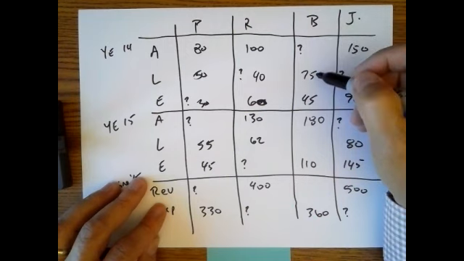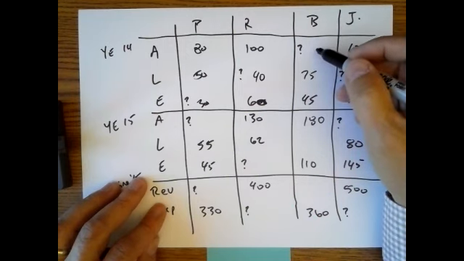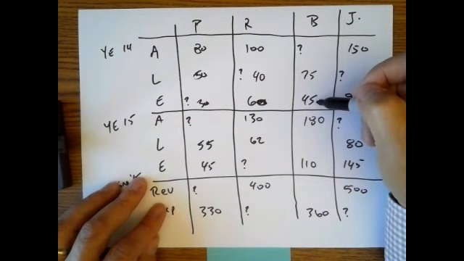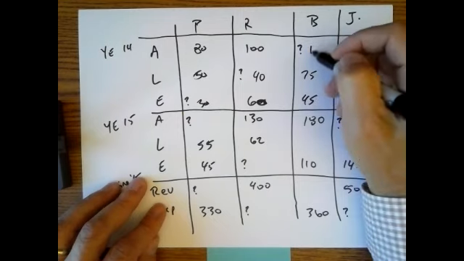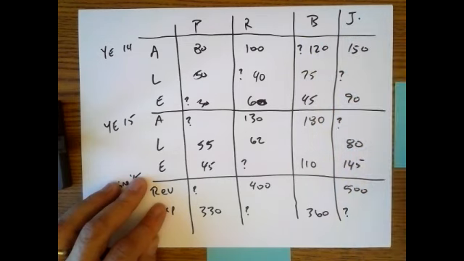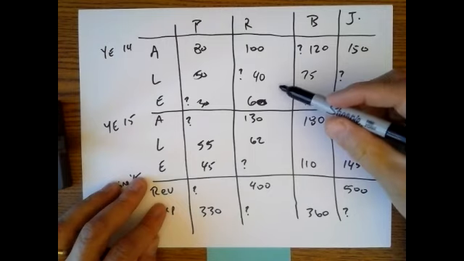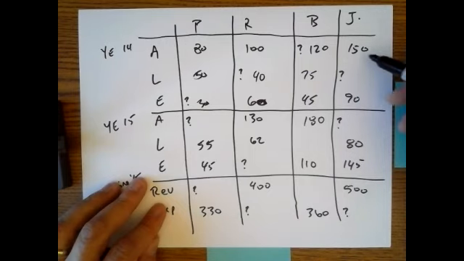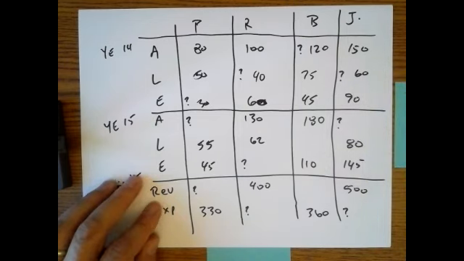Here we have an unknown amount of assets, but we know we have liabilities and equity of 75 and 45. So we must have had 120,000 in assets. And then finally, 150,000 in assets, 90,000 in equity. We must have had 60,000 in liabilities. So pretty straightforward for that part.